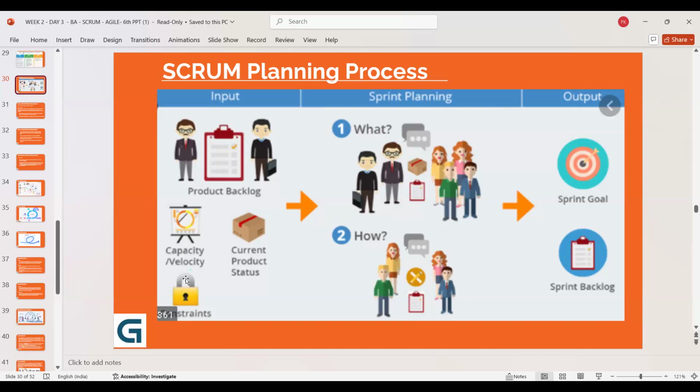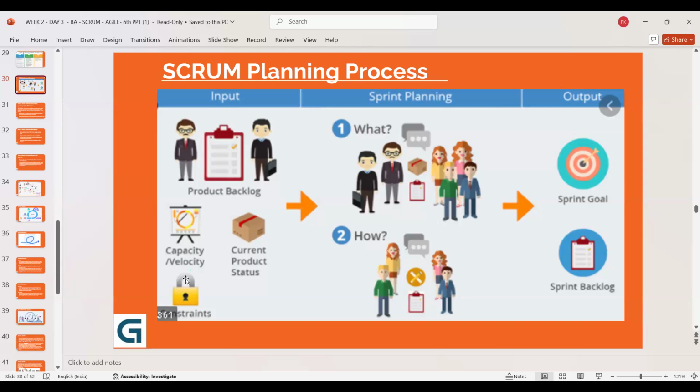So it's like, I would say, a mother repository, the ultimate all-in-one requirements storage, or list. It is prioritized, it is ordered. So all the important requirements are at the top. And from that, we take out some workable, doable requirements for this particular sprint.